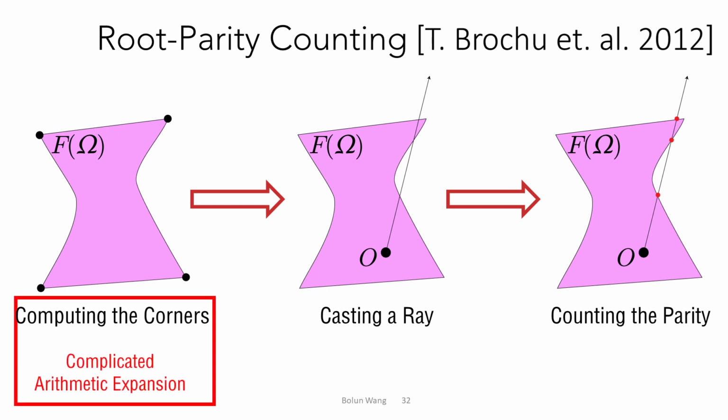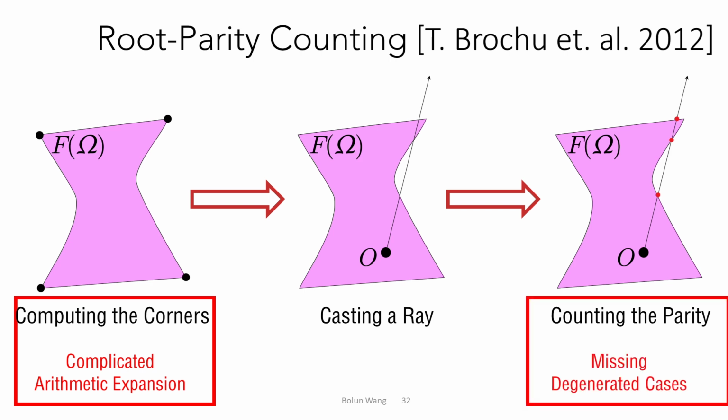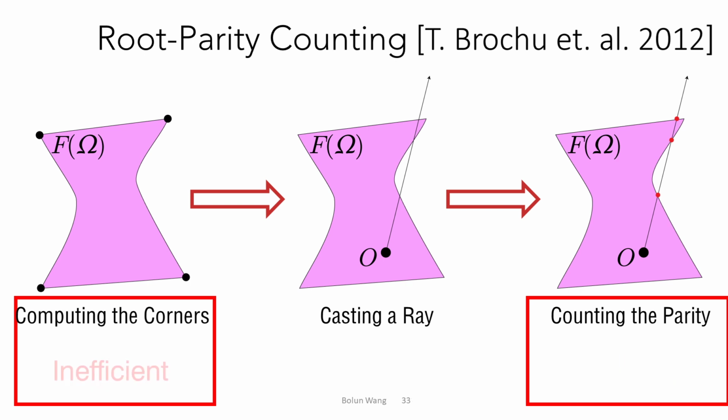However, under floating point calculation, constructing the corners may introduce numerical rounding errors. Thus, Brochu employs complicated arithmetic expansion to represent the corners. And they also miss important degenerate cases, making the algorithm inefficient and incorrect.